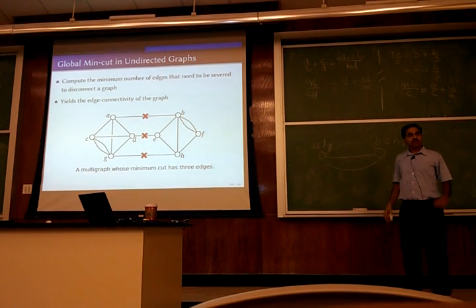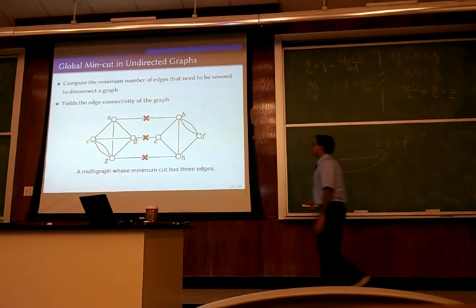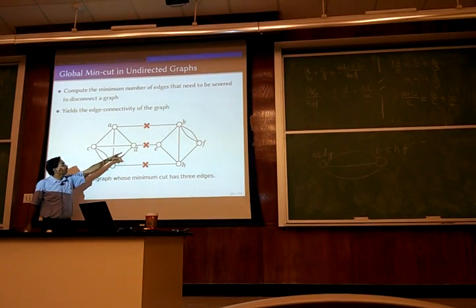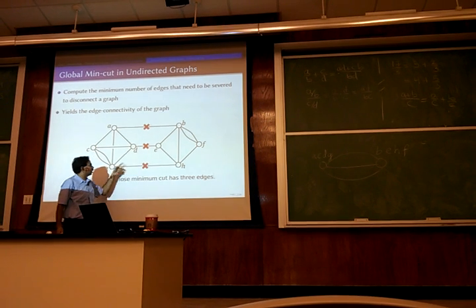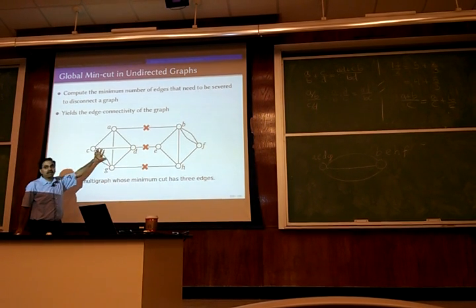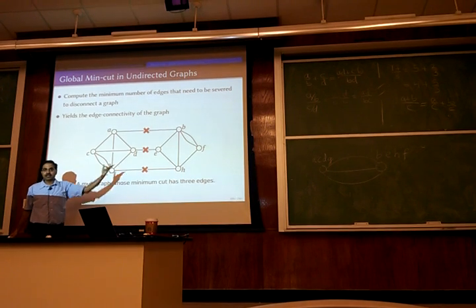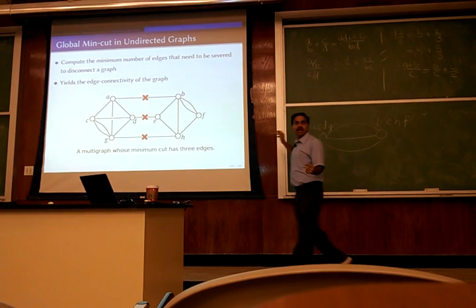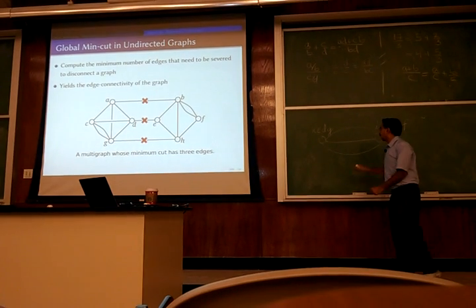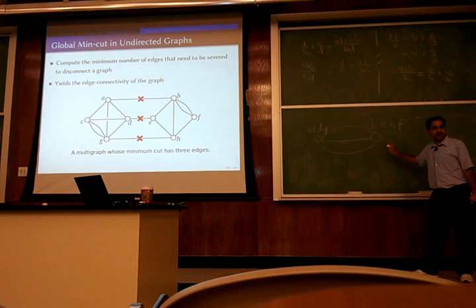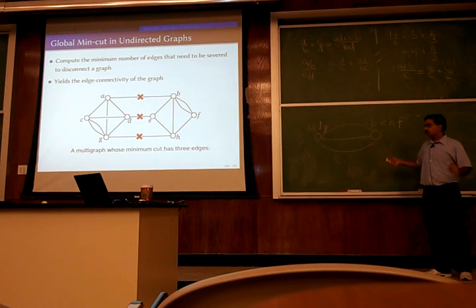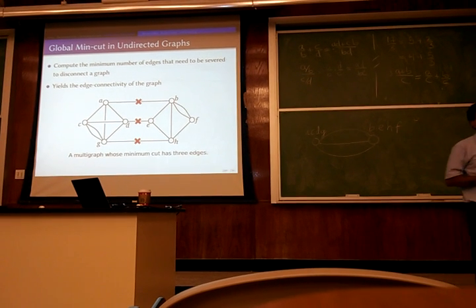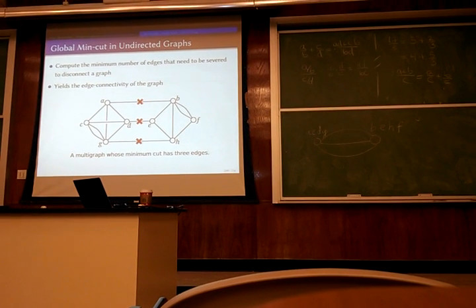You have taken all these and squished them together and done the same thing here, but that still leaves these edges with one end on this side and one end on the other side. So they are not going to be collapsed, because they always have one end on each side. This is why, when the whole process is done and you have just two nodes, whatever set of edges are left represent a global cut set.